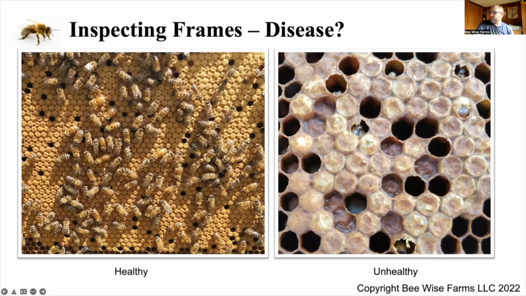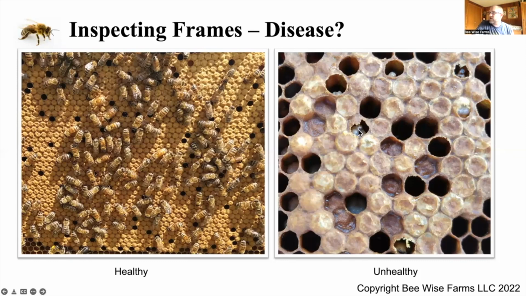When we look at the right picture, these are sunken cells that you see here. You see these cells in here. Oops, let me get my cursor over here. You see these cells in here. They're sunken and they've got greasy tops to them. Those don't look right. In addition, if you look at some of these cells right here, you see that these look like they were uncapped, but if you look closely, you can see these were all capped cells.